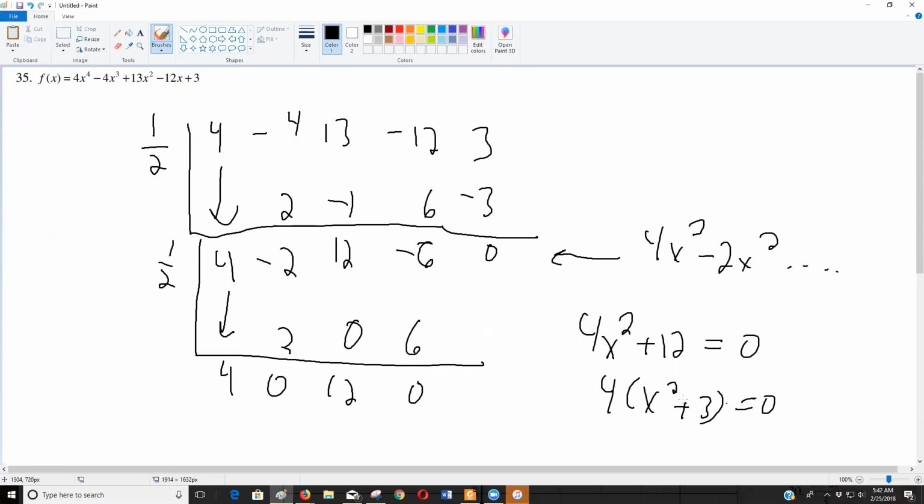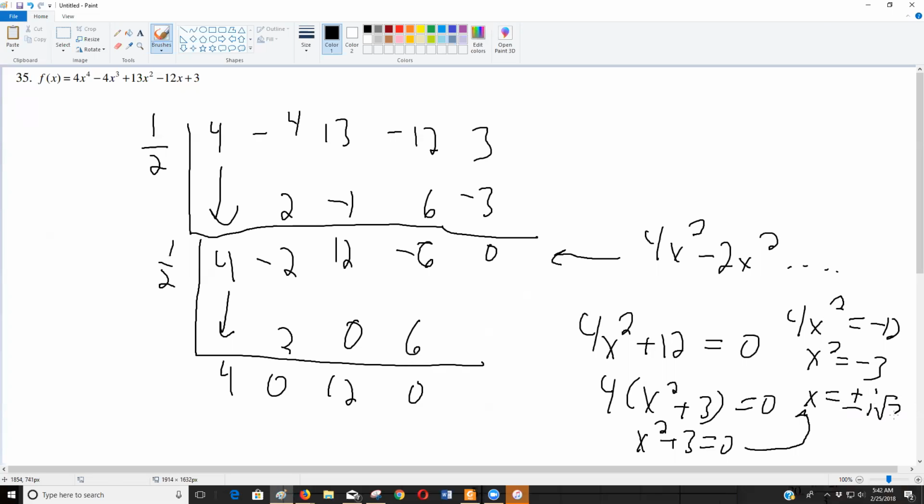Set it equal to 0, then divide by 4. Or you could just bring the 12 over. That would leave you 4x squared equals -12. Divide by 4, x squared equals -3. If we divided by 4 first, that would leave us x squared plus 3 equals 0, which gives us right back to this. So then I'm going to take the square root. When I take the square root of a negative number, remember I've got to have the plus or minus, but I'm going to get i square root of 3.